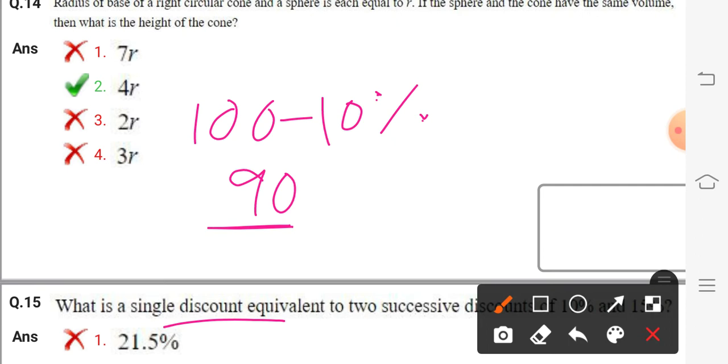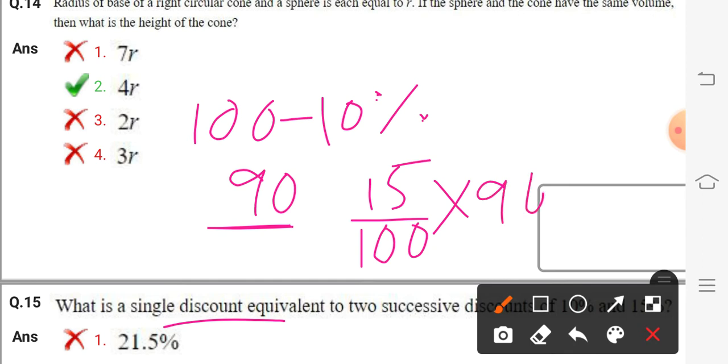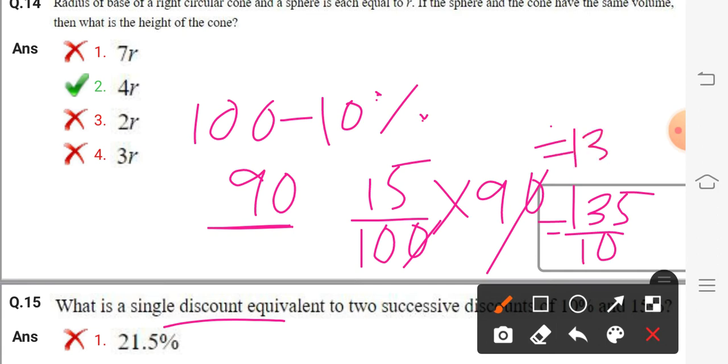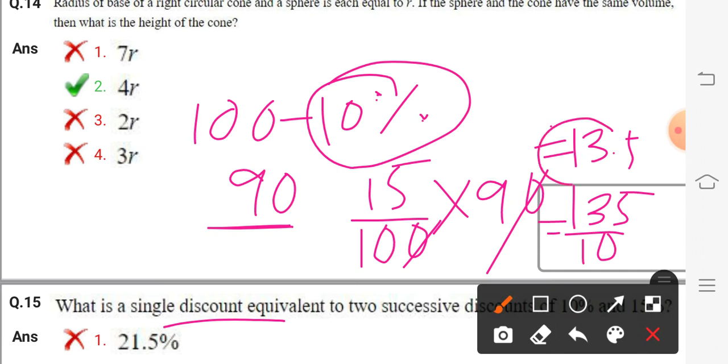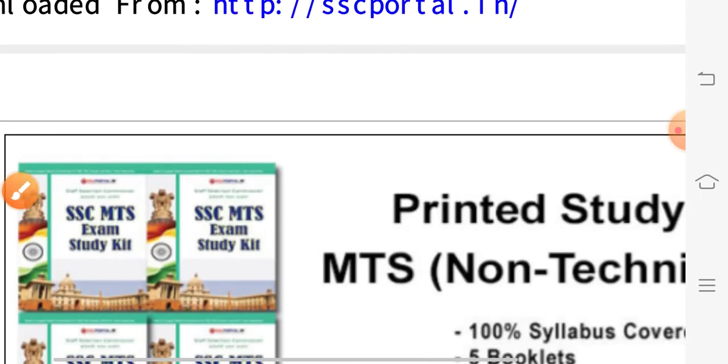So 15% of 90. The 0 and 0 cancel. 15 nines are 135. So 135 by 10, we get 13.5. This is the first discount, this is the second discount. Add these two discounts, we get 23.5. So that is the correct answer.